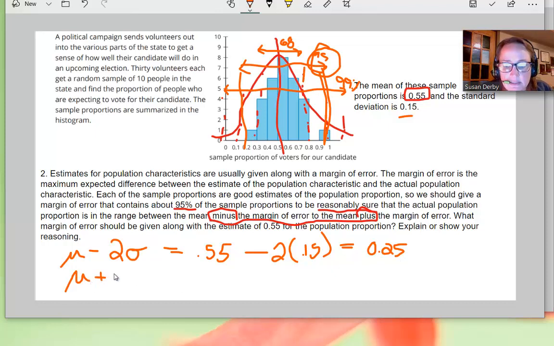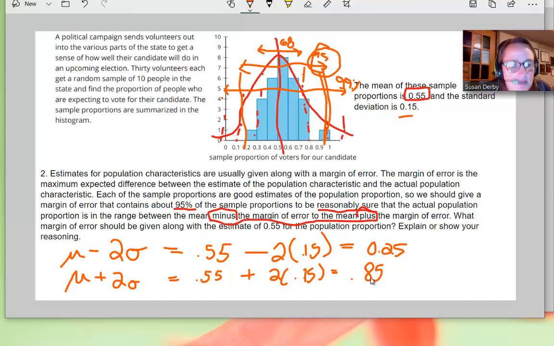So not only do we want to subtract 2 standard deviations, but we want to add 2 standard deviations to the mean. Still using a mean of 0.55. This time we're going to add 2 standard deviations. And when we did that before on our previous screen, and when we do that here, we get a 0.85.